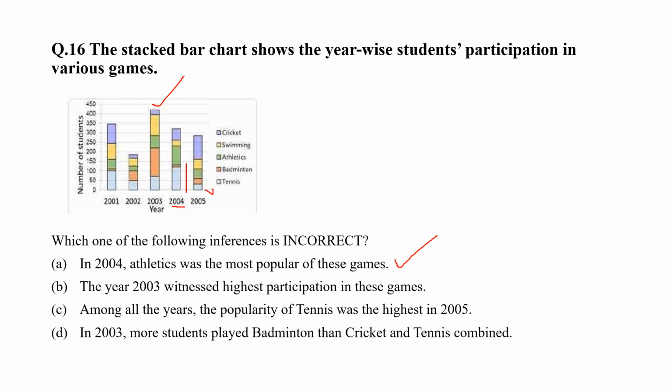No, this is also a wrong statement. Option D: In 2003, more students played badminton than cricket and tennis combined. Yes, this is a right statement. So option A and option C are both incorrect statements.